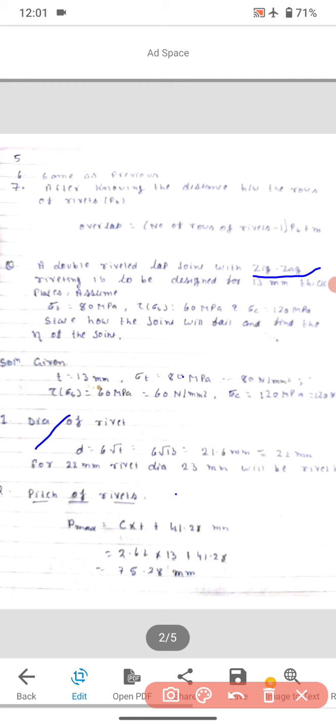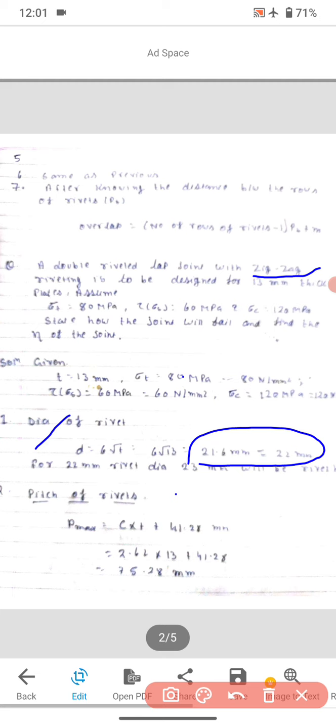So d is equal to 6 under root t, that is 21.6 millimeter. By rounding off 21.6 mm to the corresponding integer, it will be 22 millimeter. The diameter should be 22 millimeter.